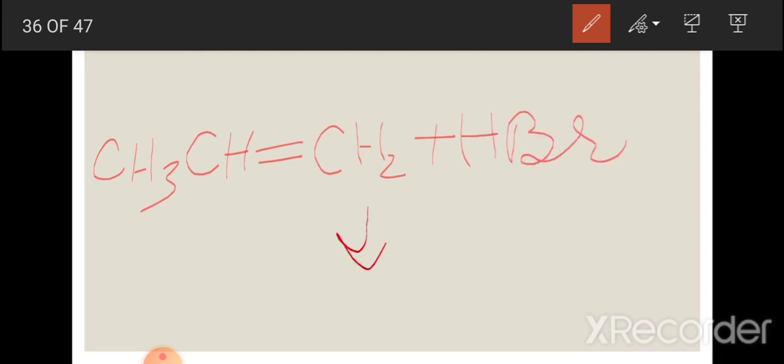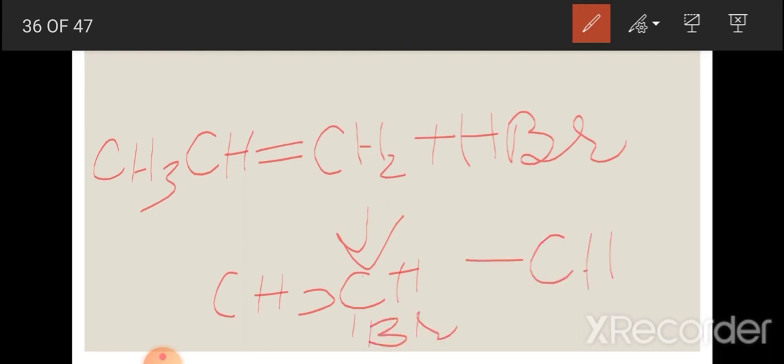The product will be CH3 CHBr CH3. Okay, here is your unsymmetrical alkene, CH3 CH double bond CH2 plus HBr.